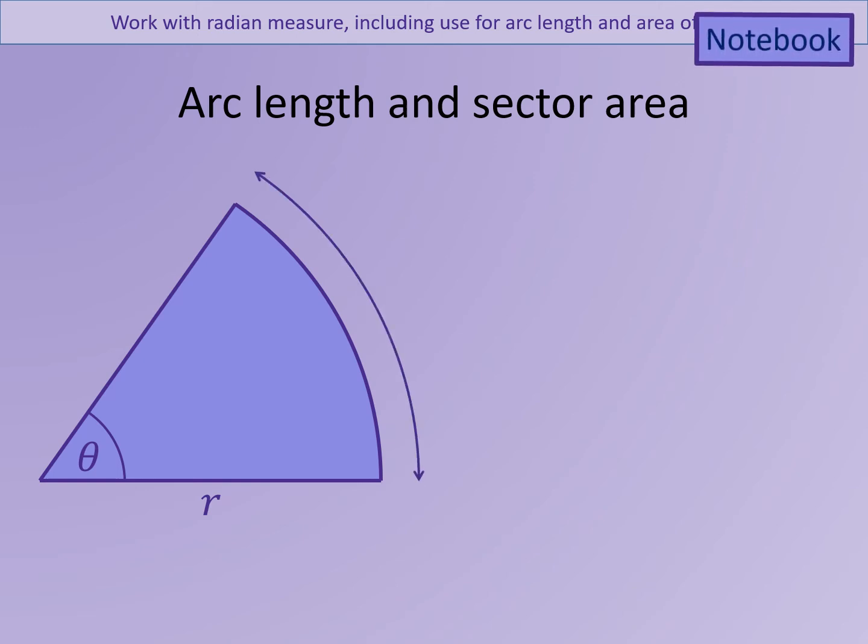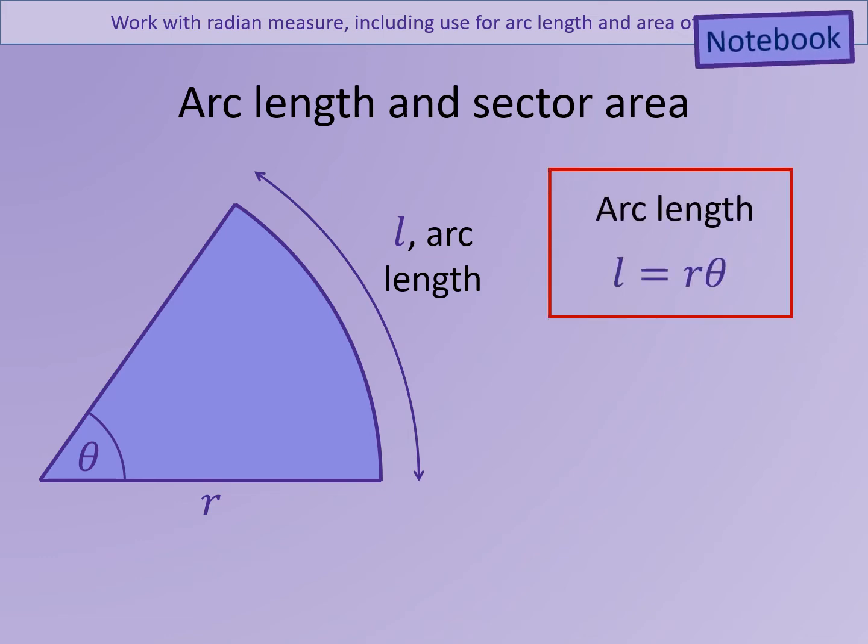If we want to find the arc length, the formula for it is r times theta, so the radius of the circle multiplied by the angle.